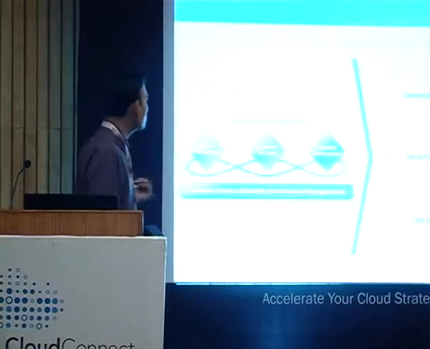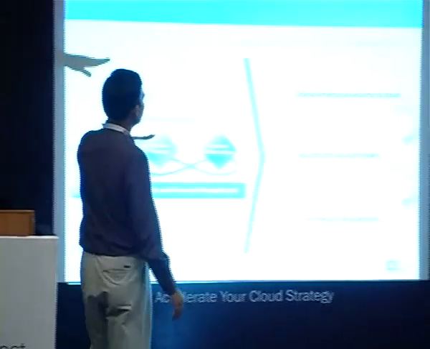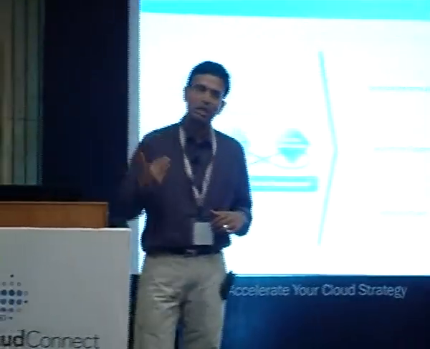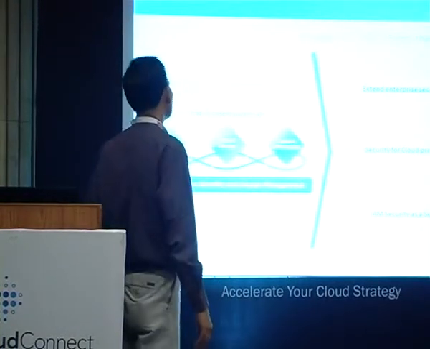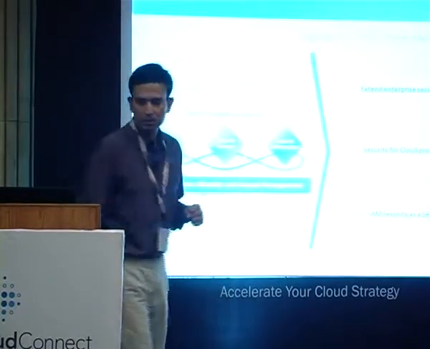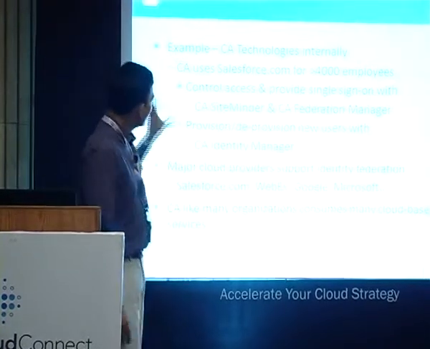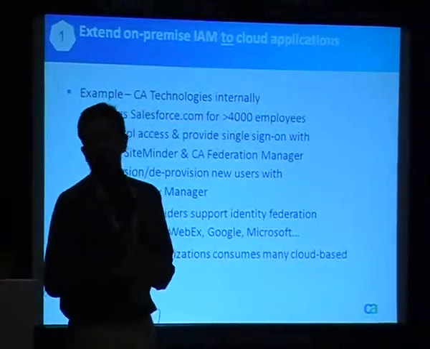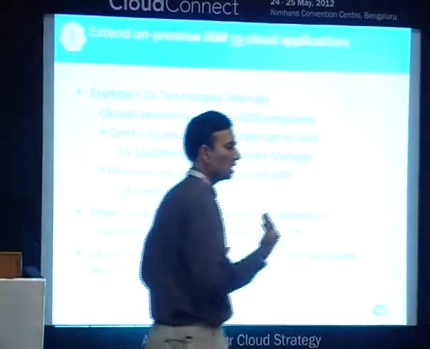So how do we transition to the cloud? From the traditional IAM context, now we go into the to, for, and the from. The three kind of silos, or not silos, I should say, three methodologies of cloud security, which we'll talk through each one of them. So when we're talking about extending on-premise IAM to cloud applications, what does that mean? On-premise is your traditional identity management, role management, access management.